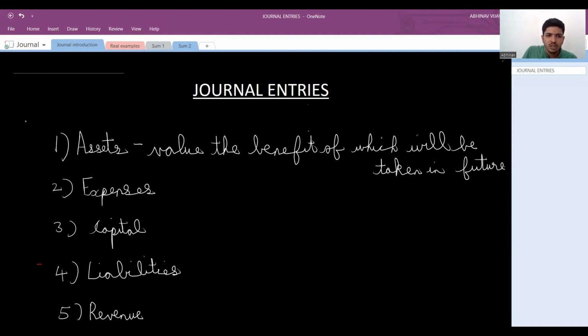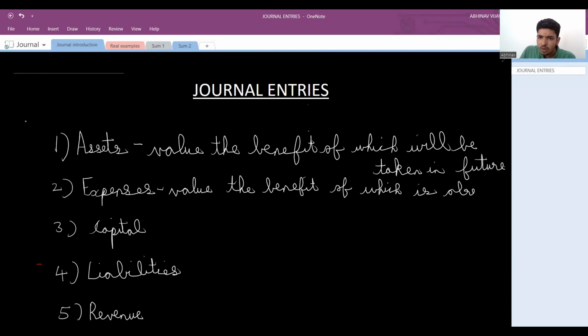Now expenses: value, the benefit of which is already taken.